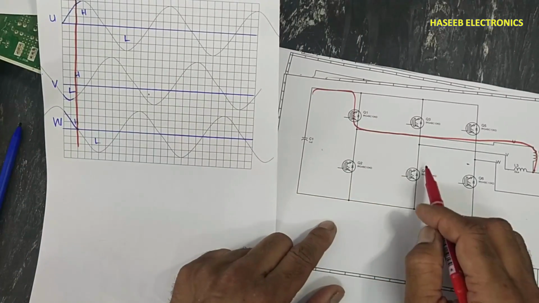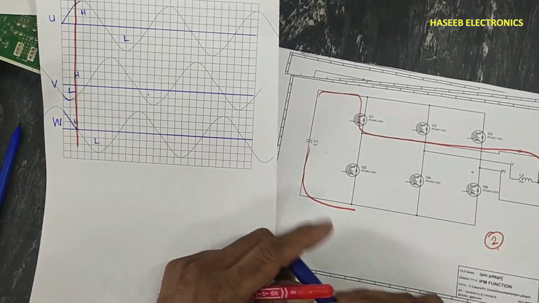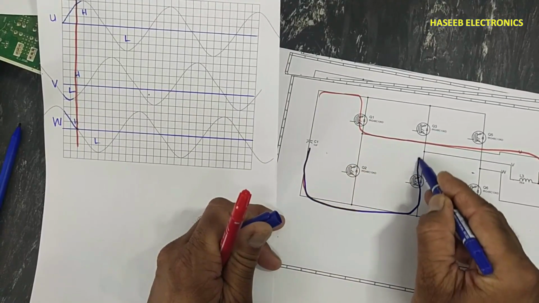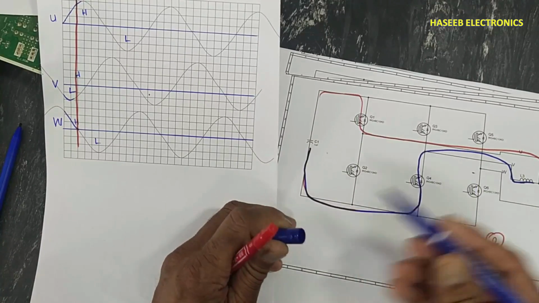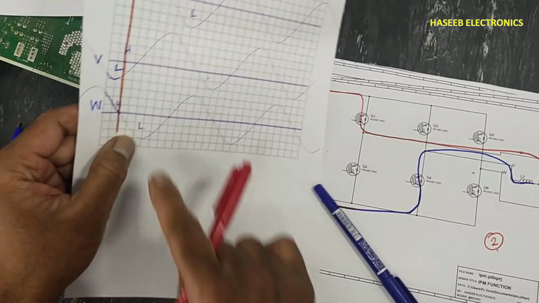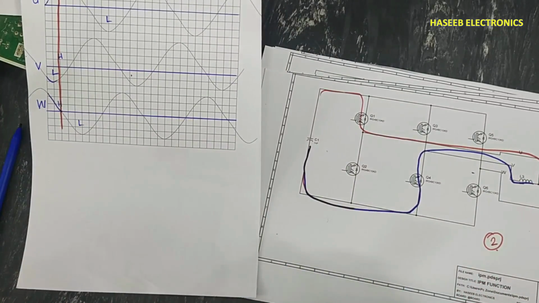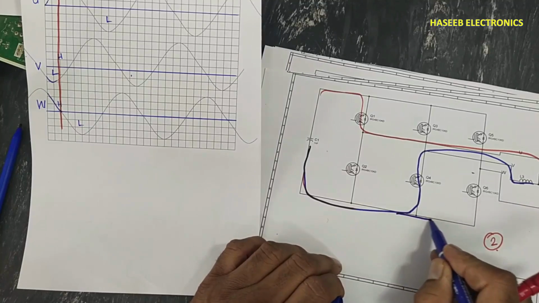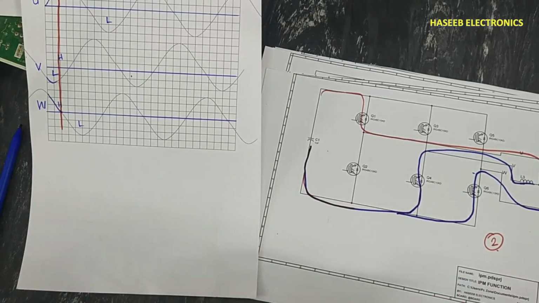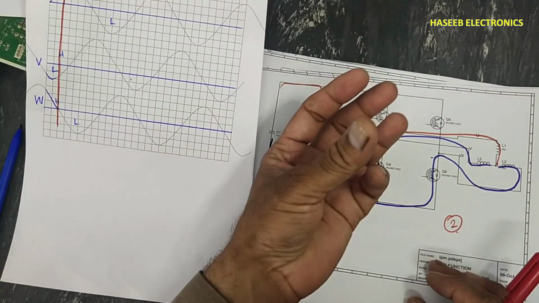This is V. Sorry. But now WL, this IGBT will turn on. Now the magnetic field will change.